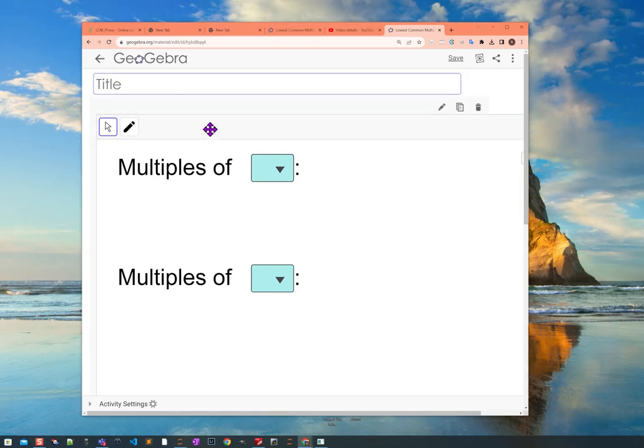So we're learning about the least common multiple. And the short way of writing that is the least common multiple, LCM.